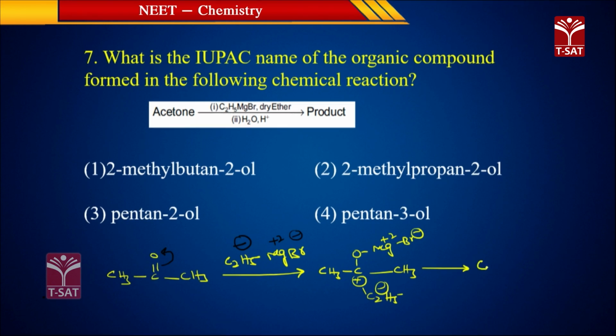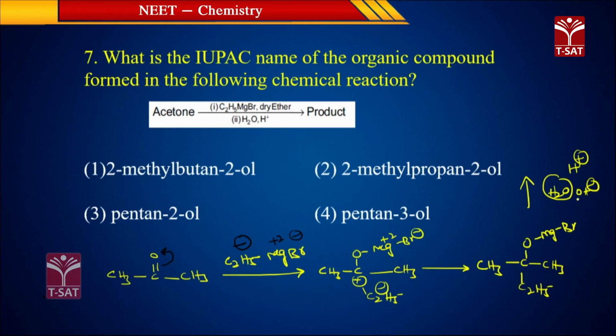As a result, you get CH3 C O MgBr, with CH3 and C2H5. Then it is reacted with the second reagent, H2O. In H2O, you get H plus and OH minus. This H plus attacks O minus and OH minus will go with MgBr. So you get CH3 C OH, with C2H5 and CH3.